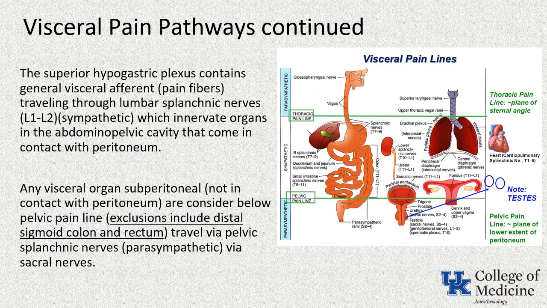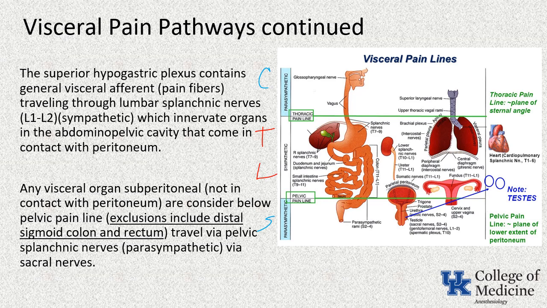An important concept to know with visceral pain are pain lines. There are two pain lines, thoracic pain line and pelvic pain line. And as we remember, the parasympathetic nervous system is cranial, sacral, the sympathetic is thoracolumbar.